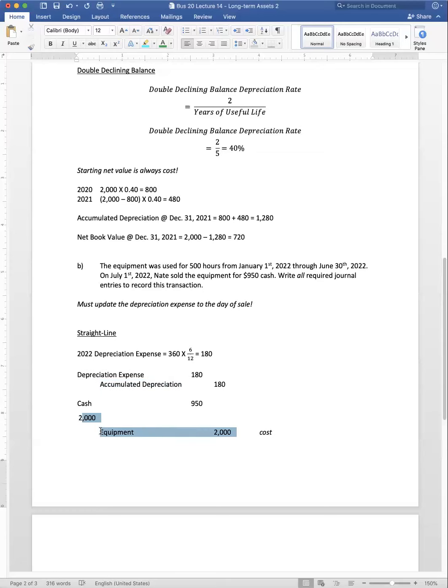So as we remove the equipment, we're also going to remove the accumulated depreciation from the records. Okay, now here's the tricky part. To get rid of the accumulated depreciation, will I debit or will I credit?